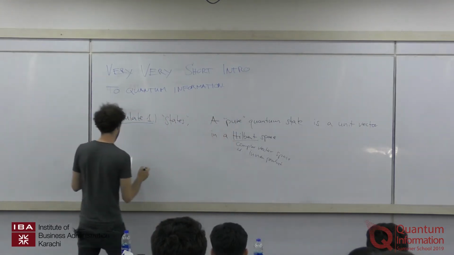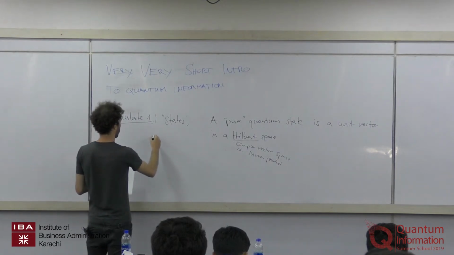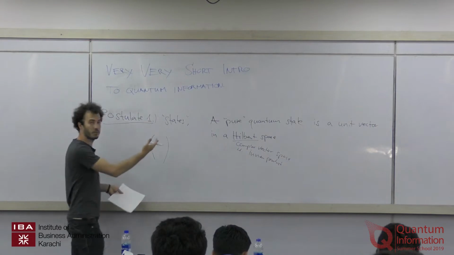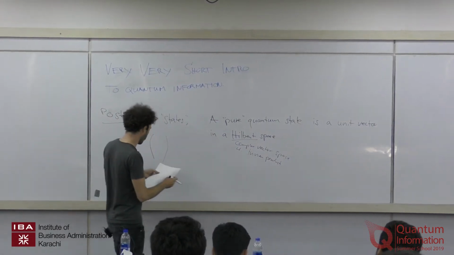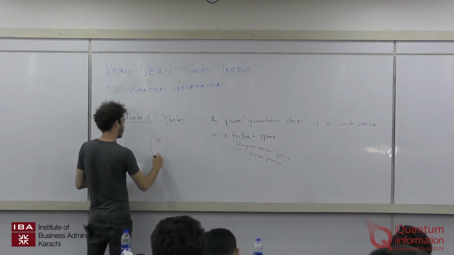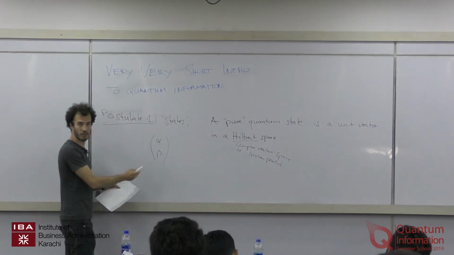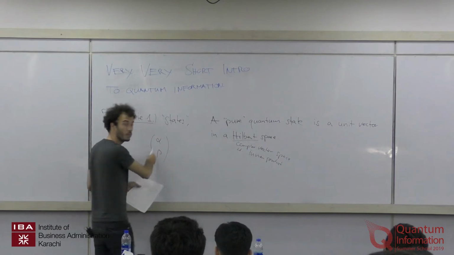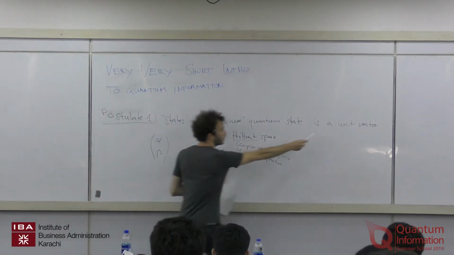So let's look at a 2-dimensional vector space, one of the simplest cases. And this is a vector, and it represents a quantum state in a 2-dimensional Hilbert space if it is a unit vector.